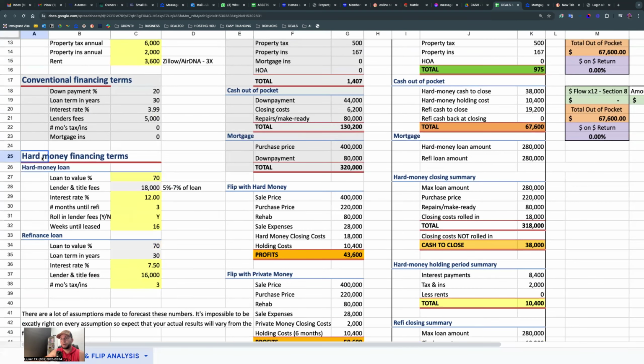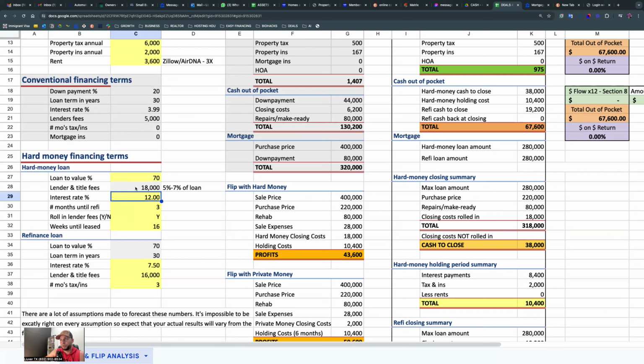Then you have the hard money, or if you have private money, you put your terms here. My harmony lender, for example, gave me 70% loan to value. Kind of all in, meaning that he will give me 70% of the ARV of the property. In this case, 400,000, we will see it later. Interest rate, 12%.